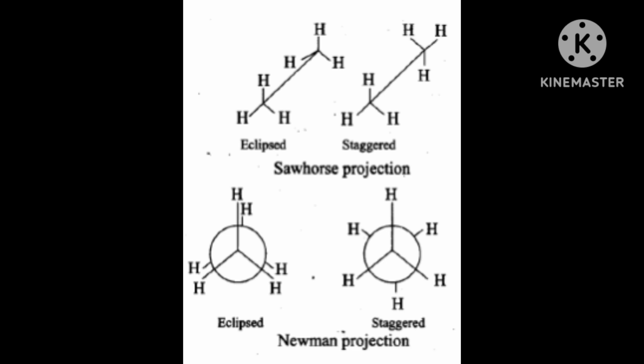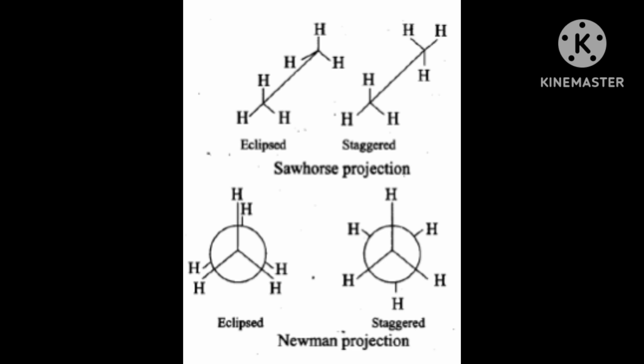Then again I am turning to the sawhorse. First, sawhorse. One situation was that both were covering each other, correct? That projection is called the sawhorse. This is for eclipsed: when they are covering each other and making some distance, you can see that rod.